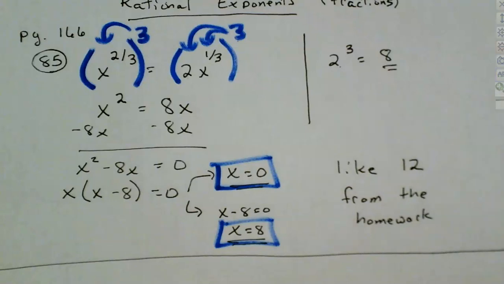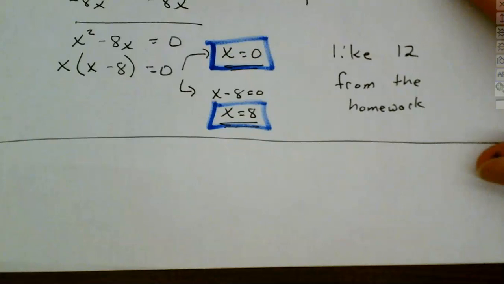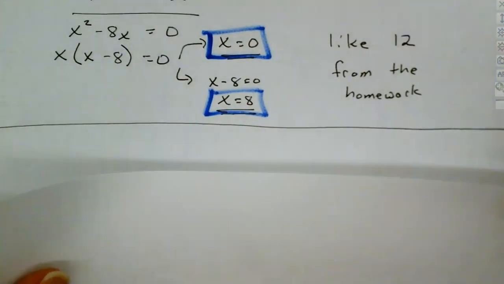Another type of equation that we're going to look at is equations that have multiple solutions. And these are going to require us to factor. And the highest power tells us how many solutions we have at most.